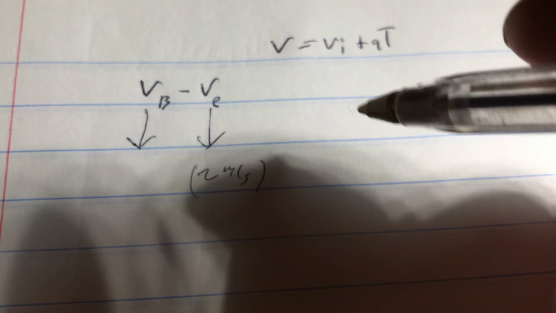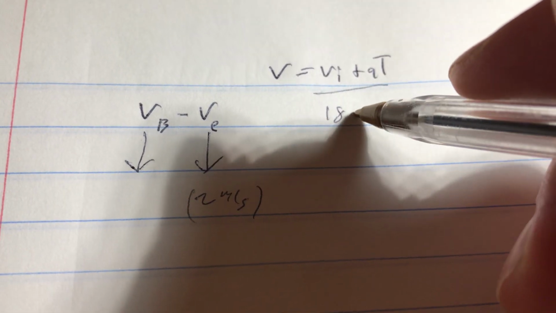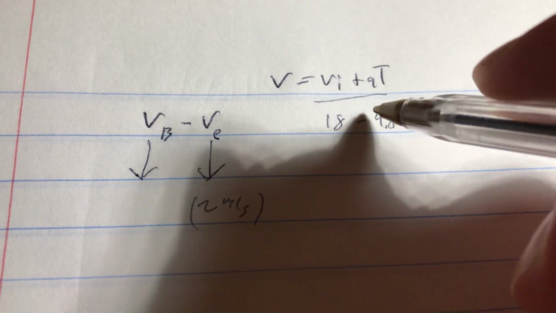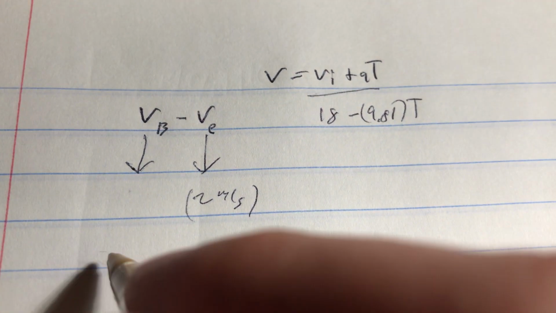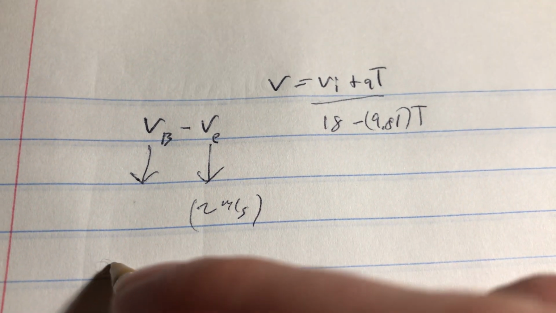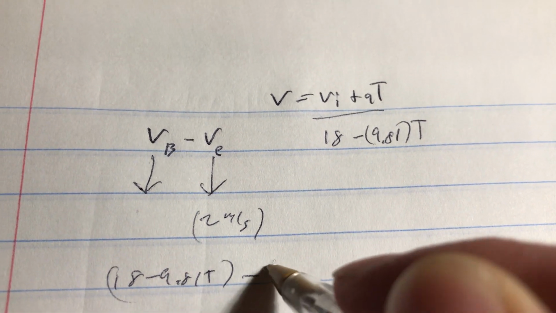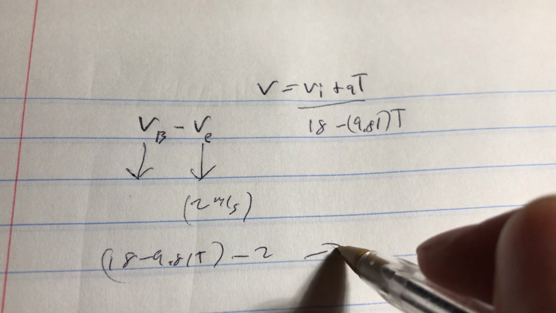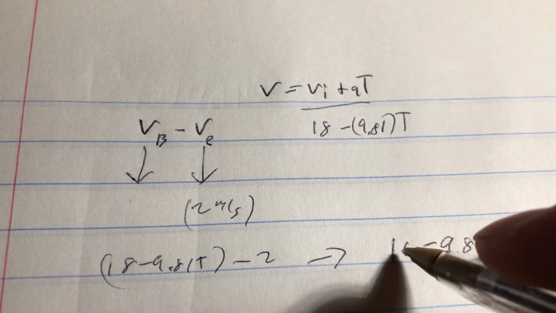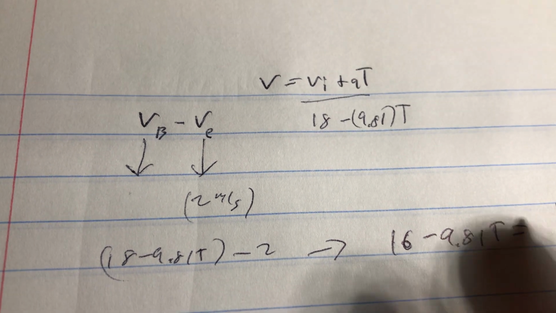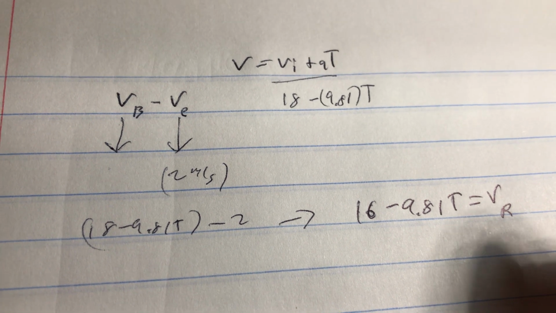Using this equation, we have 18 minus 9.81 times t, and that's our equation for the ball. I'm going to combine them: 18 minus 9.81 t minus 2. Combine that to 16 minus 9.81 t, which is equal to the relative velocity, VR, or virtual reality.